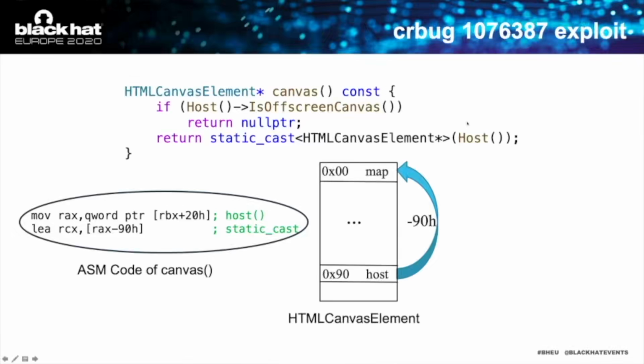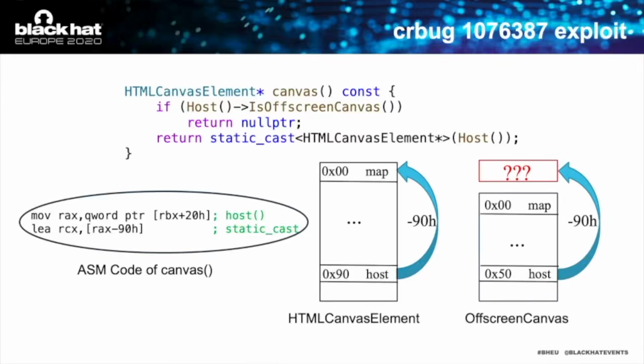When the object is an HTML canvas element, RAX minus 0x90 refers to its map. The offscreen canvas is smaller than the HTML canvas element. When the type confusion occurs, RAX minus 0x90 will skip it and point to the memory box.